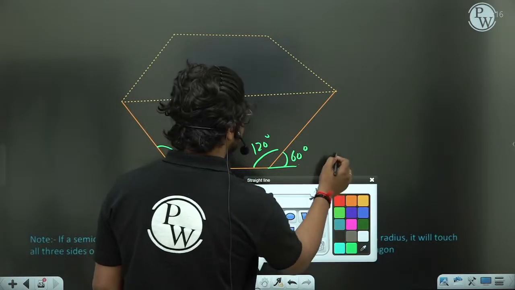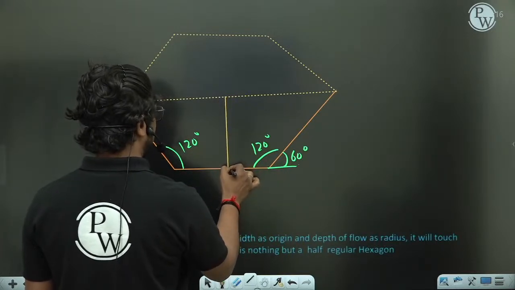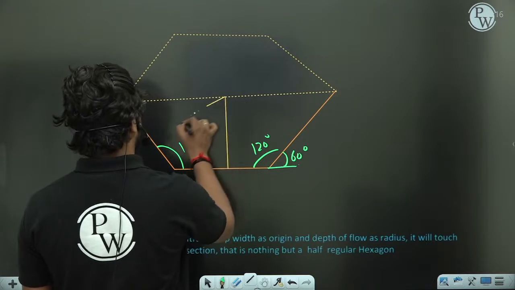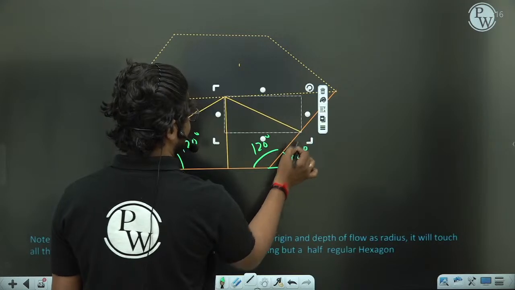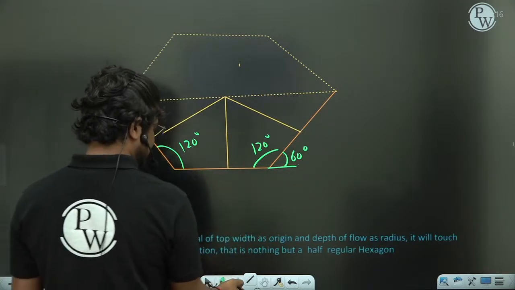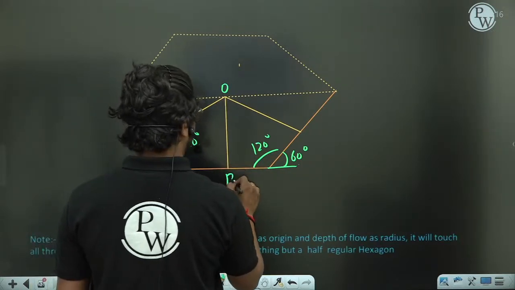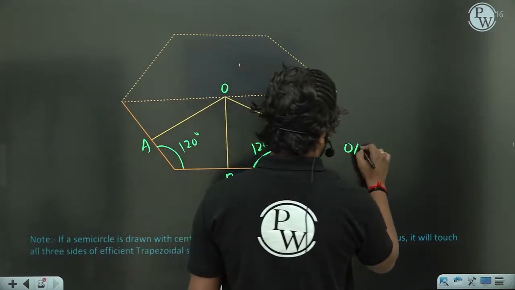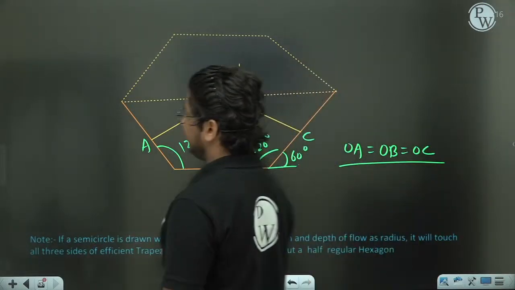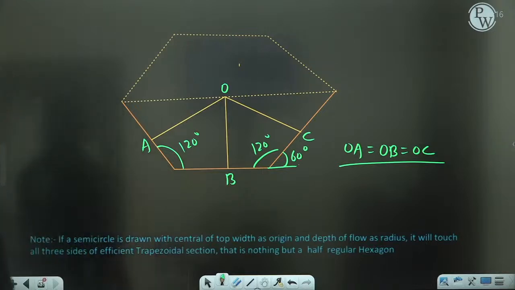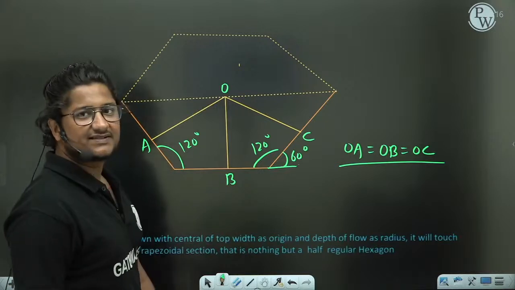One of the properties is that from the center, if you draw a line perpendicular to any side, this distance OA, OB and OC will be the same. All are the same.